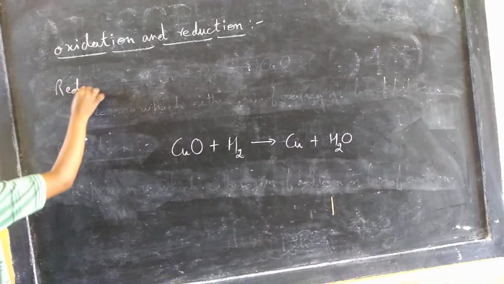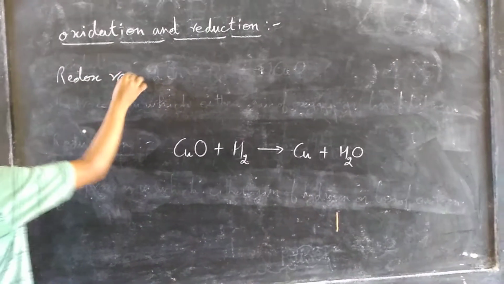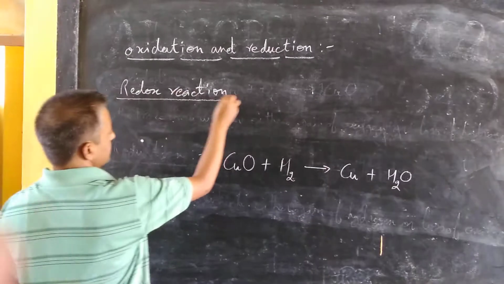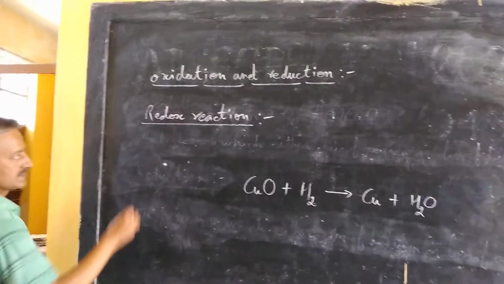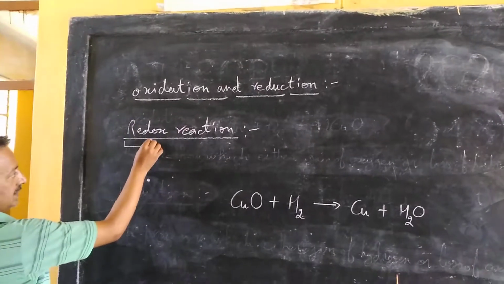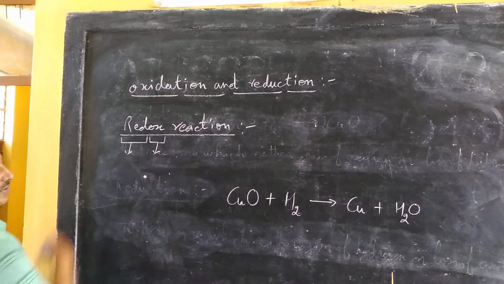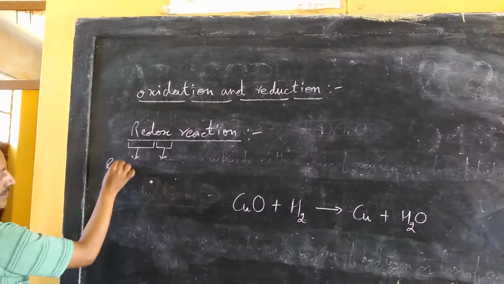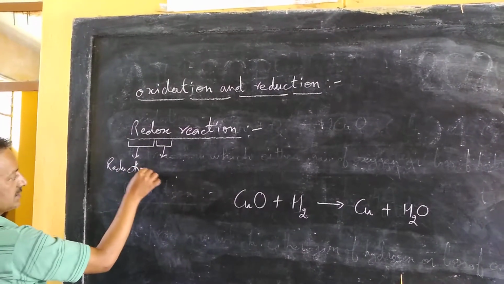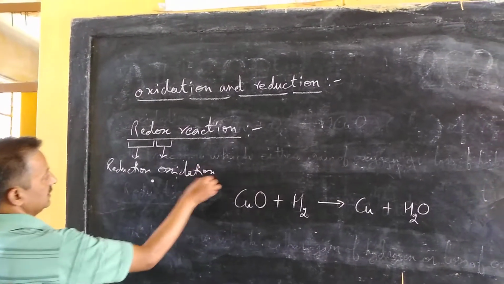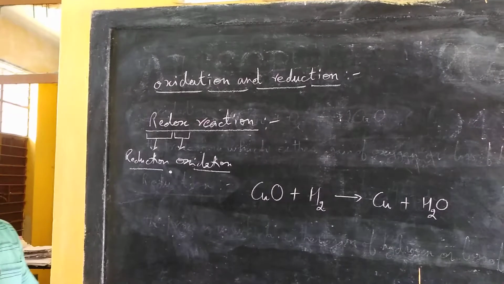So the reaction in which reduction as well as oxidation takes place simultaneously, that is called redox. The word redox is taken from these two things. One is reduction, another is oxidation. If both processes occur simultaneously, then that reaction is called redox reaction.